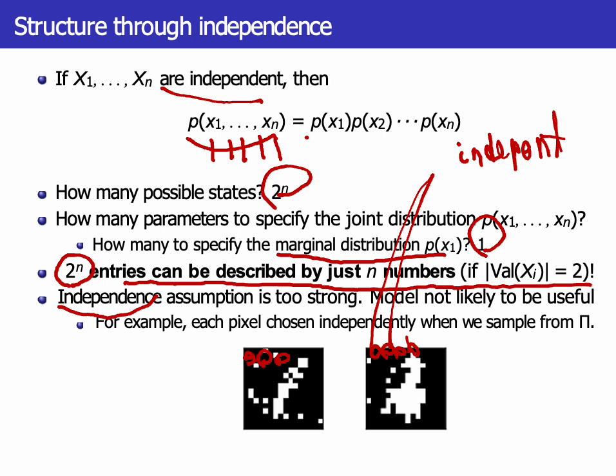However, if they are independent, we have the product of p(xi), i equals 1 to n.